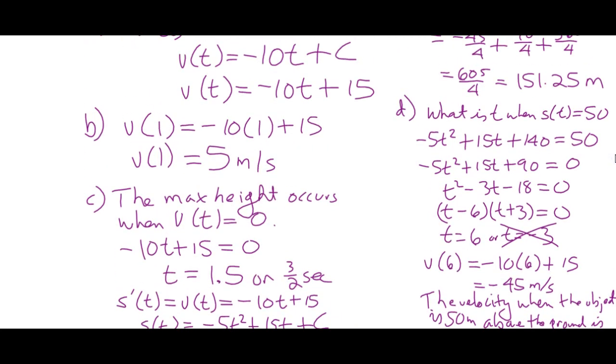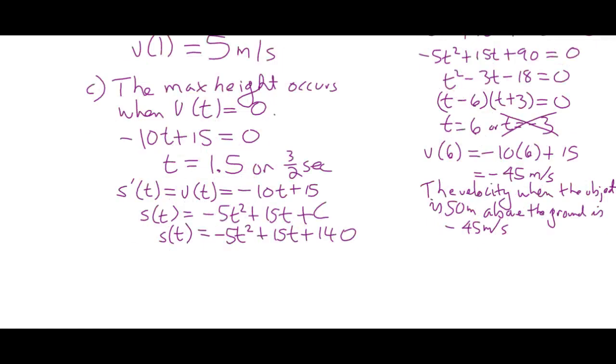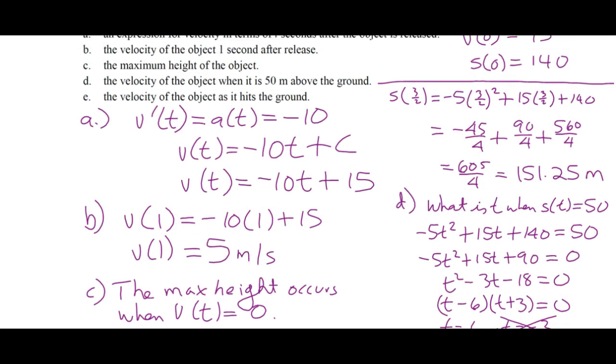We had to figure out the time when the displacement was 50, and the time was 6 or negative 3 seconds, so we're going with 6 seconds. And velocity was negative 45, and there we go.